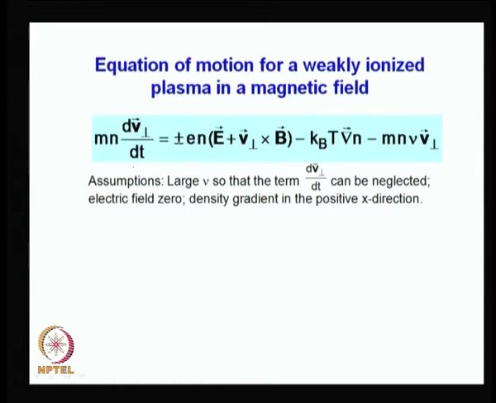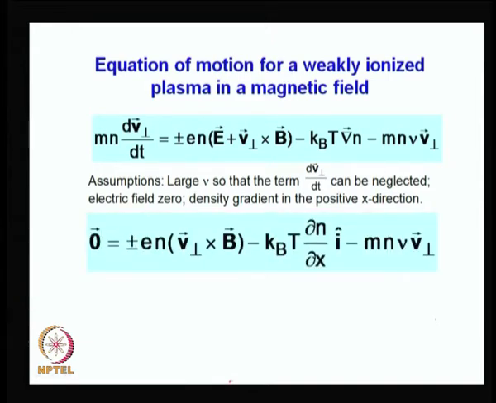For simplicity, we take the electric field to be 0 and the density gradient in the positive x direction. You will see that the results arrived at are the same, but the algebra becomes pretty simple.